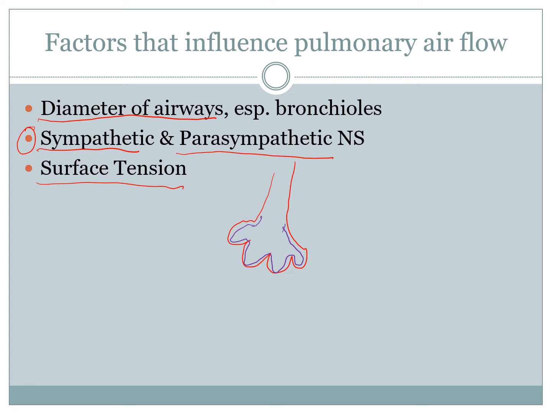What that prevents is the alveoli collapsing and sticking together. So by decreasing surface tension, surfactant keeps the alveoli open and therefore allows more air into the lungs. Those are some factors that influence how much air flows into our lungs at any given time.